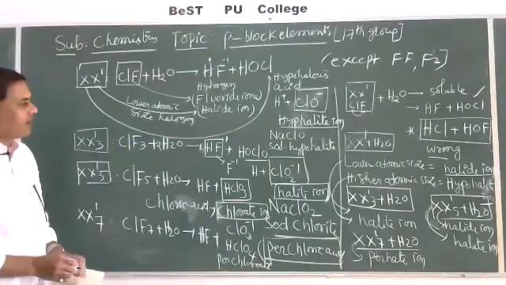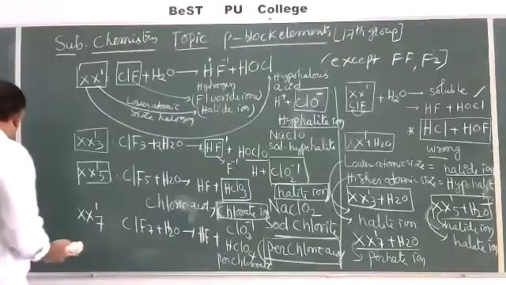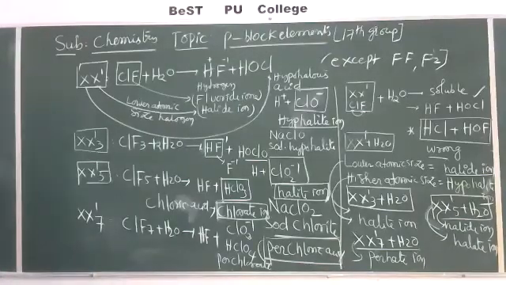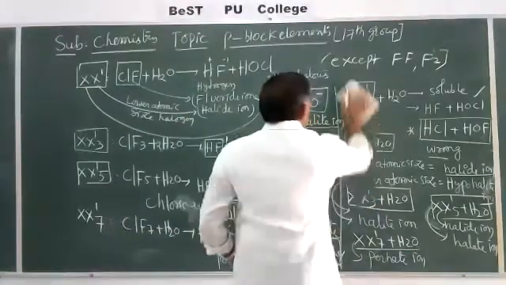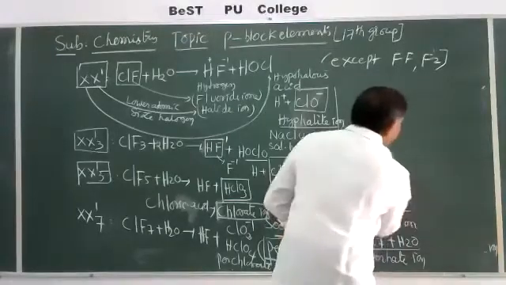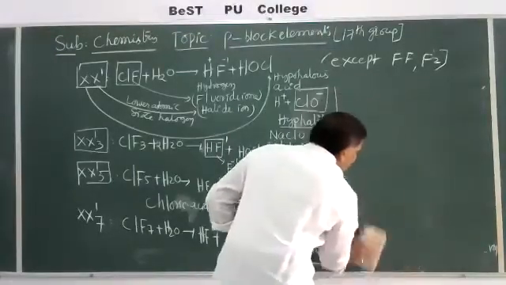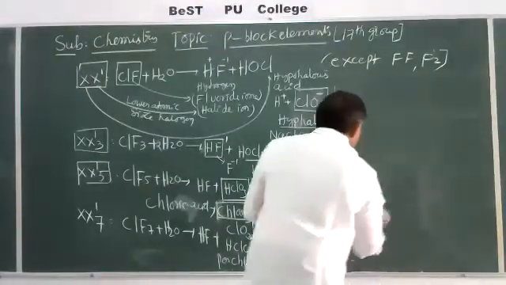There are four very important examples in the chemical properties of interhalogen compounds. Based on this, it gives the corresponding halide ions, hypohalites, halites, halates, perhalates.